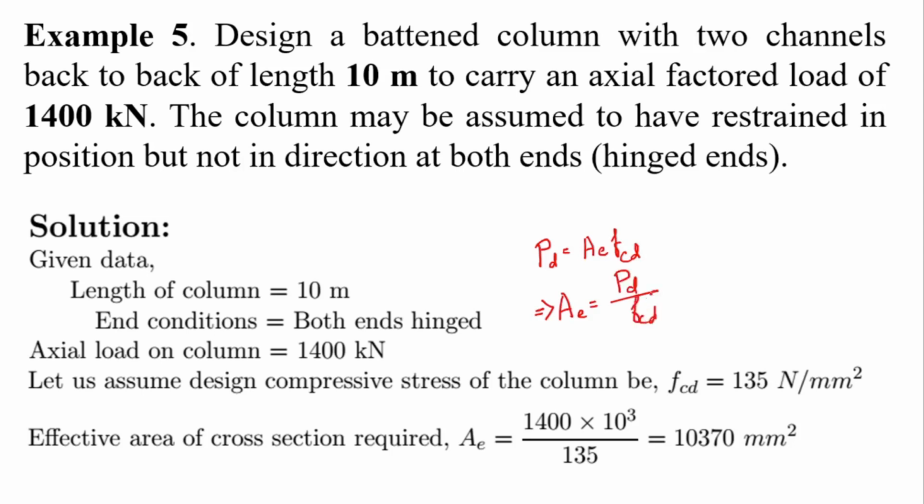If we assume the given axial factored load as Pd, then the effective area of cross section required will be 1400 into 10 cube, here 1400 kilonewton is converted into Newton, divided by fcd. So it will be calculated as 10,370 mm square.